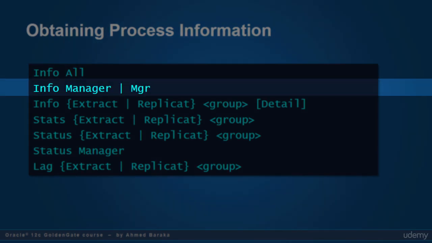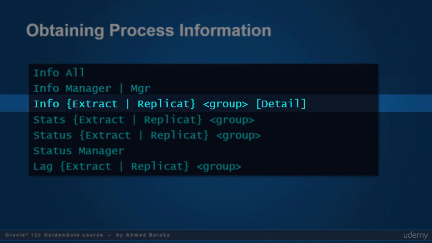INFO MANAGER or INFO MGR provides the status of the manager process and the port number it uses. INFO EXTRACT or INFO REPLICAT provides basic information about the extract or replicat process, like its status, approximate lag, checkpoint information, and associated trail files.